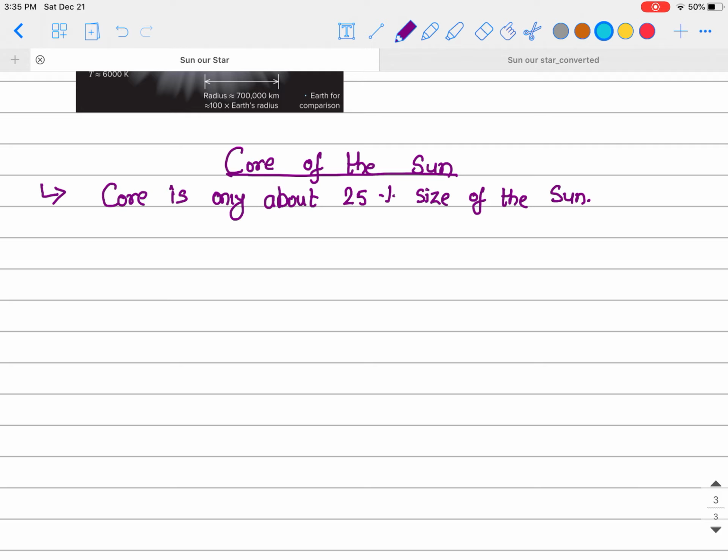The temperature inside the core is about 15 million Kelvin.